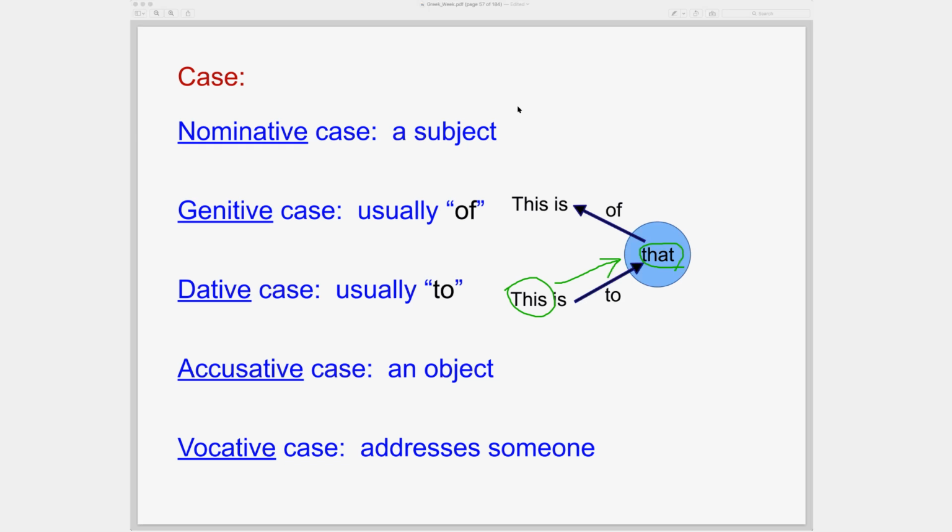You have to internalize this to understand it. Okay, so nominative, genitive, dative, and accusative. And then vocative case is very simple. It just addresses someone. Now I'm going to give examples of this in the next slide.